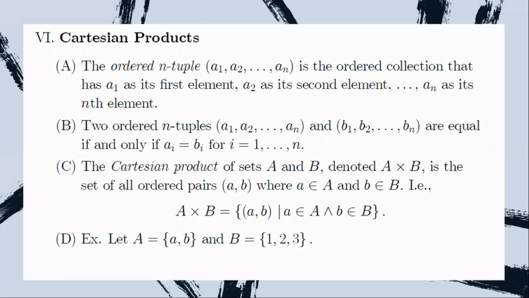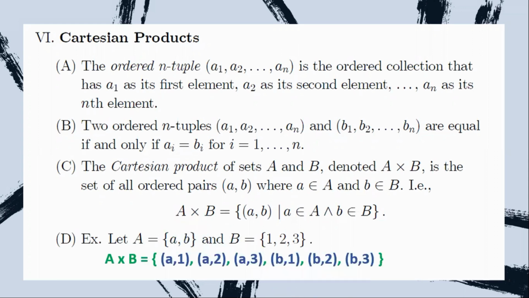For example, if we let A be the set {a, b} and B be the set {1, 2, 3}, then the Cartesian product A cross B is the set of ordered pairs (a, 1), and so on.